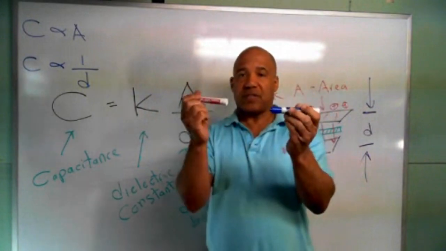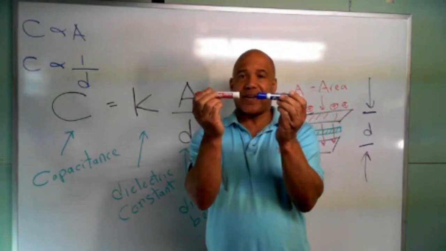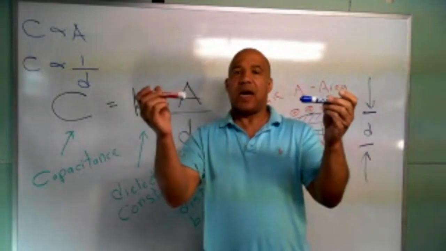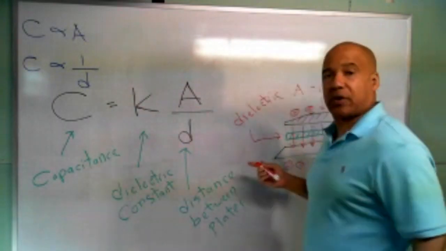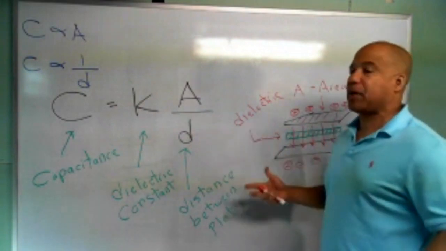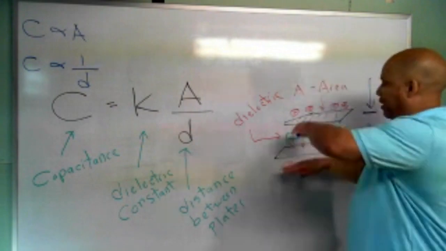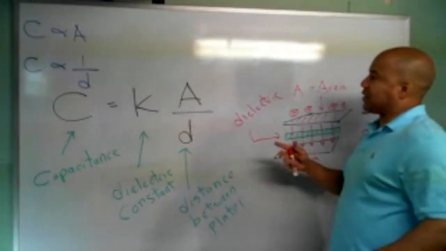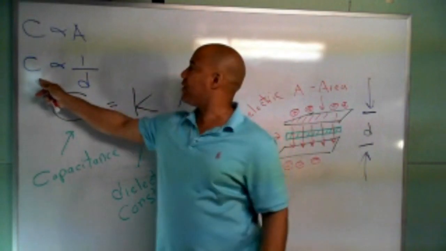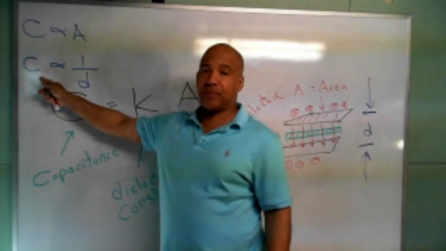The further they are apart, the less influence one magnet will have on the other. Well, electric fields work the same way. If the electric field has something to do with this device's ability to store charge, then the farther apart I have these plates, the weaker the field. That's going to affect the ability to store charge, and that's going to affect the capacitance. So what you want to remember is the bigger the distance between the plates, the smaller the capacitance.